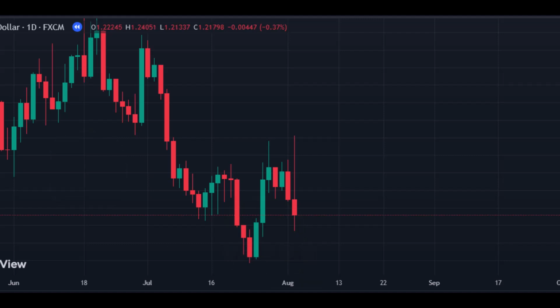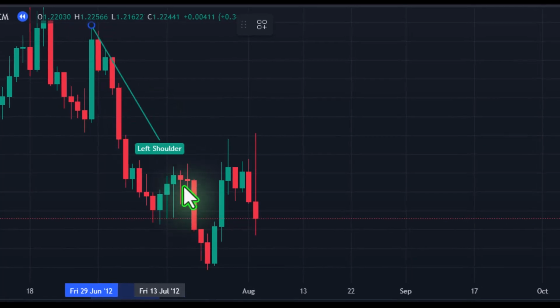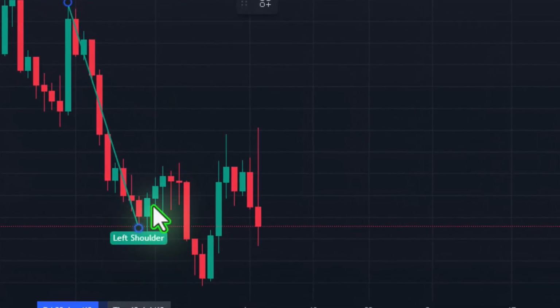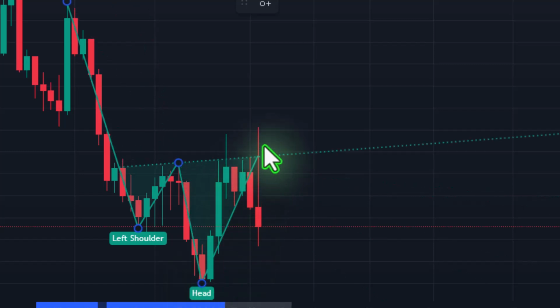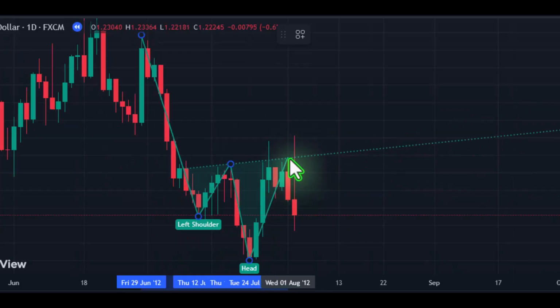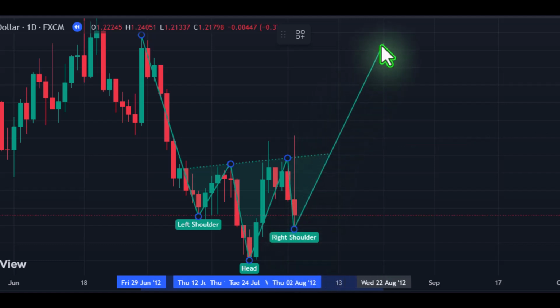So this looks like the potential inverse head and shoulders.